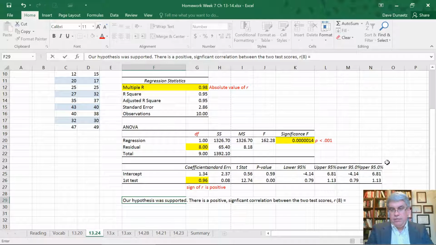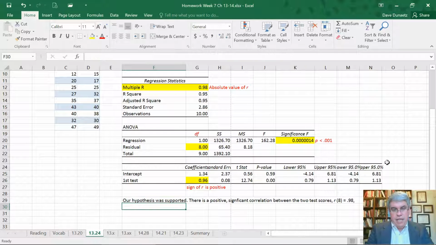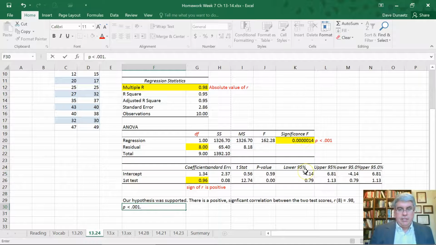R equals 0.98, and then we're going to put P is less than 0.001, period. So our hypothesis was supported that they're related.